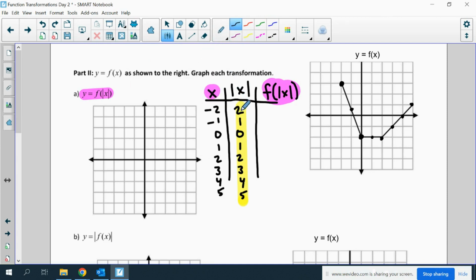So what I'm going to do is, what is 2 on this graph? 2 is at -2. When I have x equals 1, that's at -2. When I have 0, that's at -2. 1 is -2. 2 is -2. X equals 3 is -1. X equals 4, 0. X equals 5, 1. So I'm going to plot all these points.